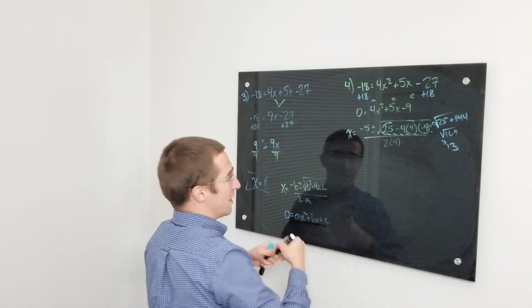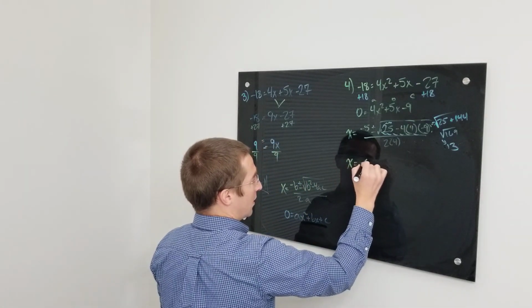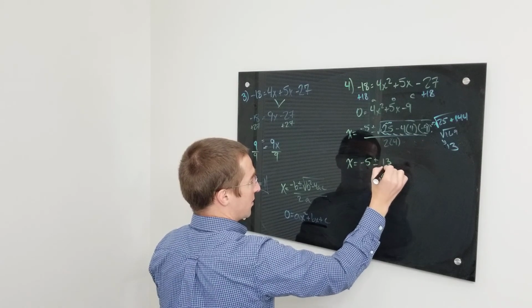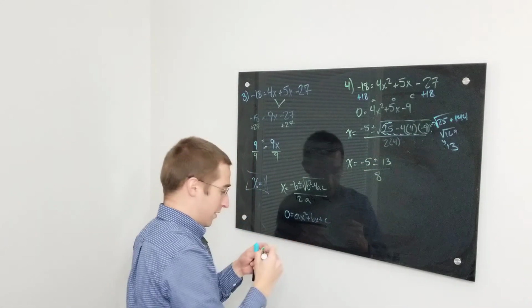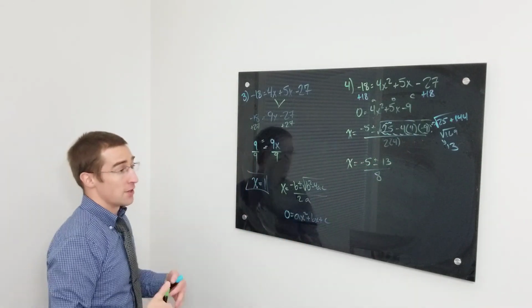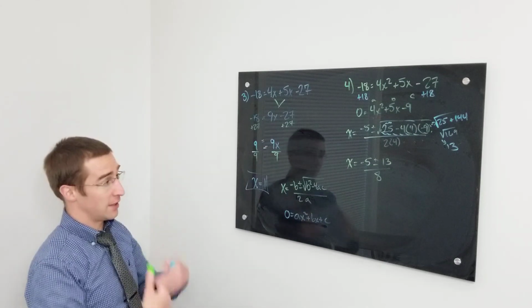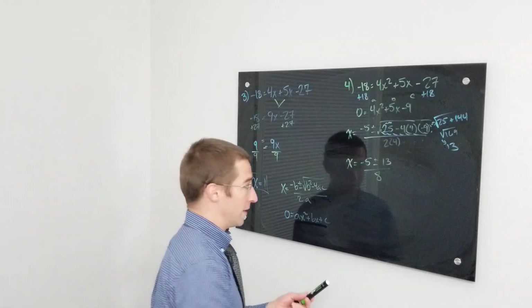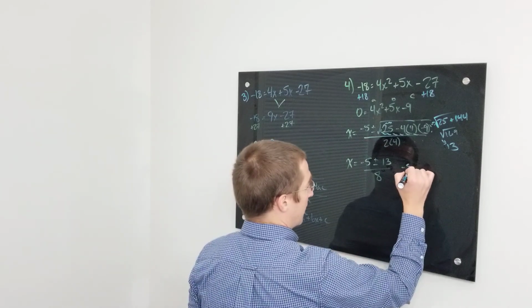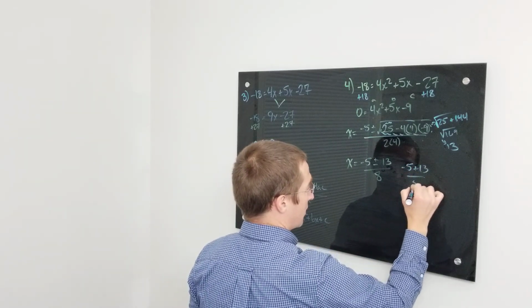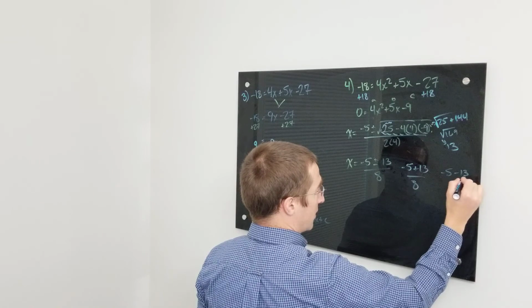So I get x equals negative 5 plus or minus 13 over 8. Cool. So I just got to do negative 5 plus 13, and negative 5 minus 13, and divide them both by 8.